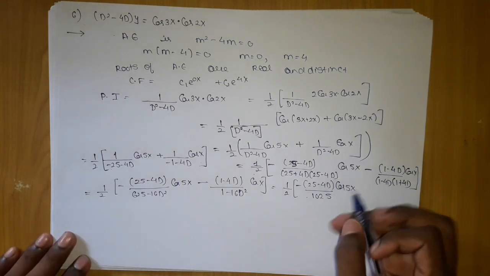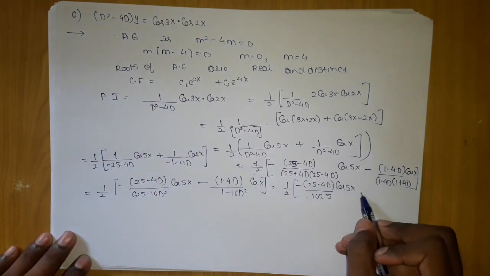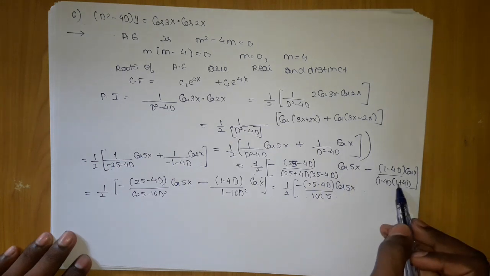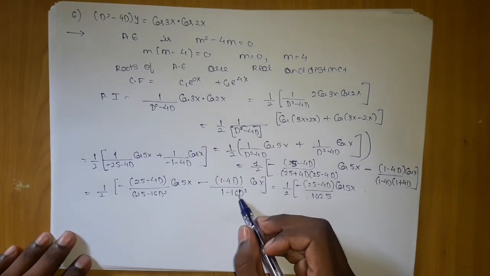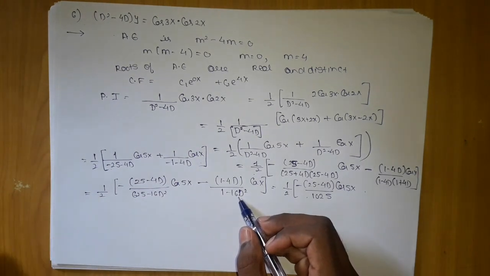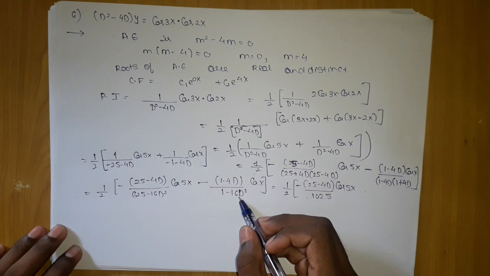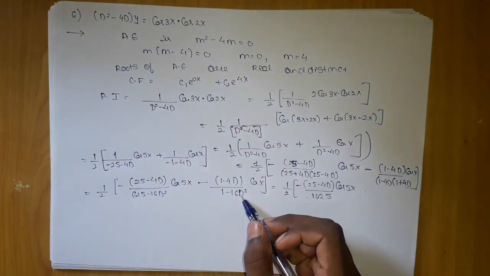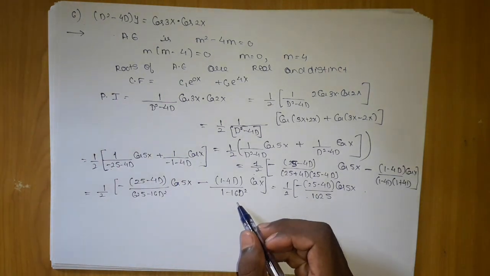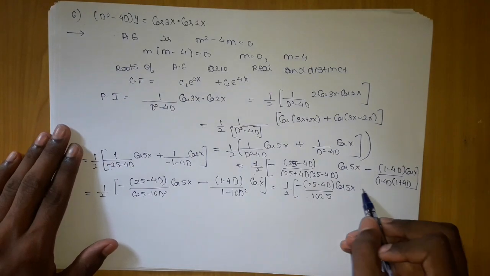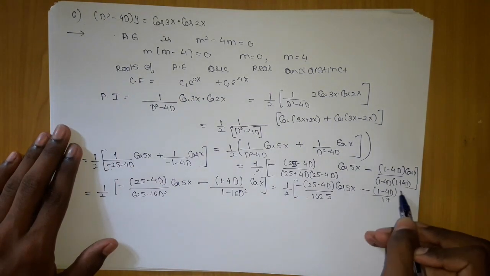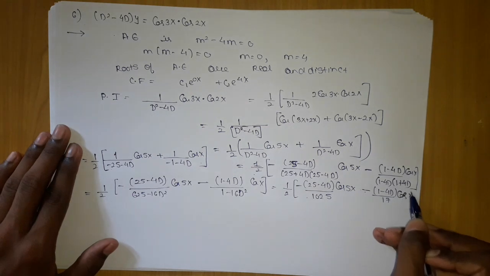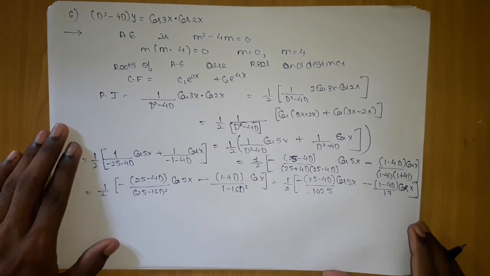And here, substituting the values, it will be minus 1, so it will become plus, so 16 plus 1, 17, giving finally 1 minus 4d by 17 into cos x. So we are left with this answer.